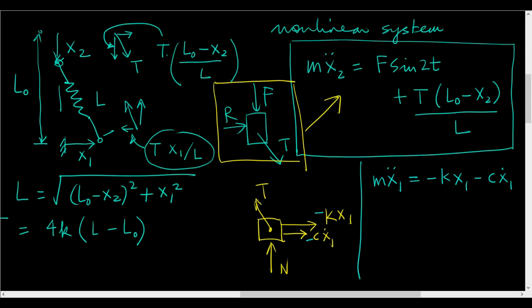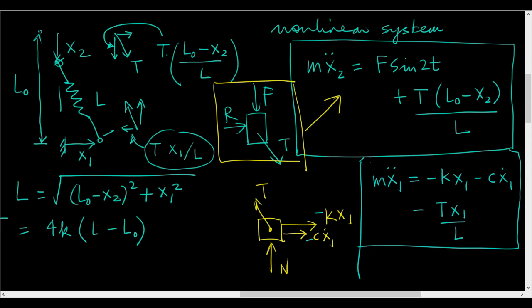This is minus and this is minus, because x1 is taken positive. This is taken as tensile, so in this component, it's minus T x1 over L. So that's the other equation. I'm sorry for the hesitation there, you can check, those are the equations.